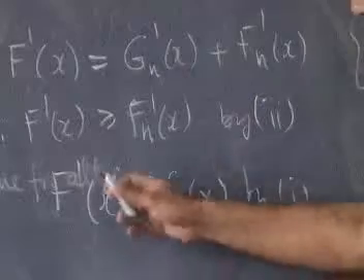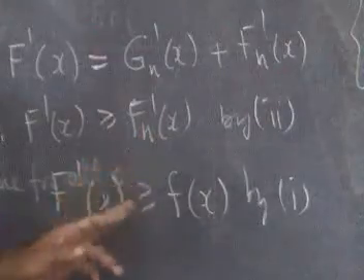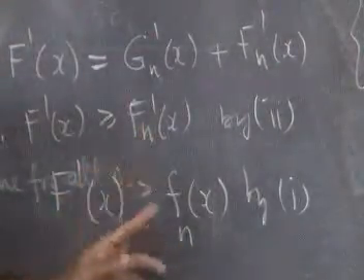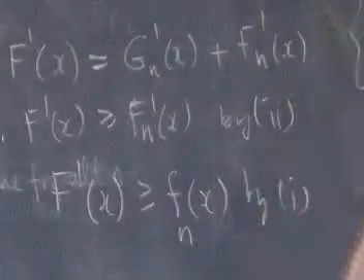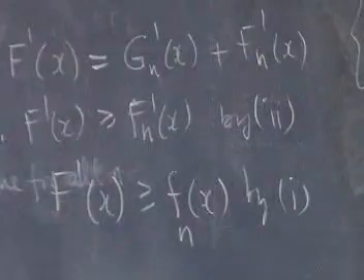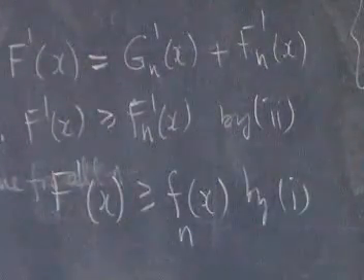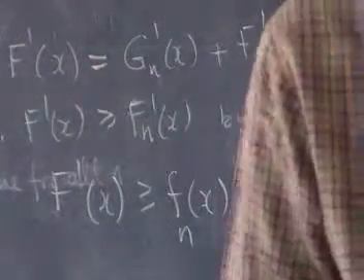Here, I have to throw away all those points where F_n prime(x) is not equal to f_n(x). Other points I have to throw away. And I have to do it for each n. So I will be throwing away a countable number of sets which are of measure 0. And it is still of measure 0.